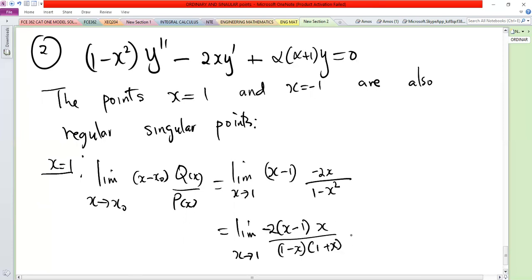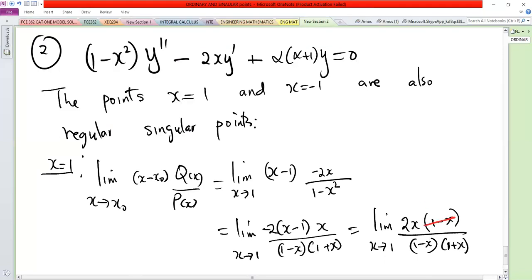This is a difference of two squares. I can bring this negative inside so that I have 2x times (1 minus x) over (1 minus x)(1 plus x), so that these two brackets cancel out.